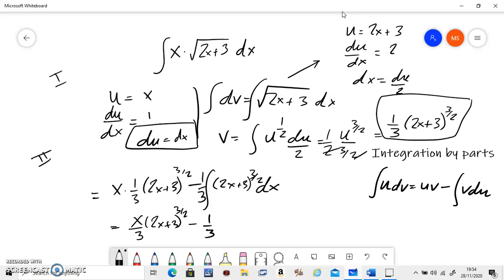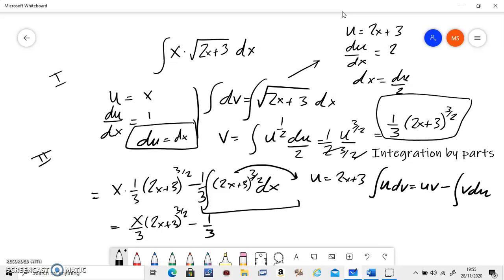minus 1 over 3 times the integral. Now, in order to integrate this, you have to once again do the u substitution. And 2x plus 3 should again be your u. So do u substitution again here with u equals 2x plus 3. If you do that, what do you get?